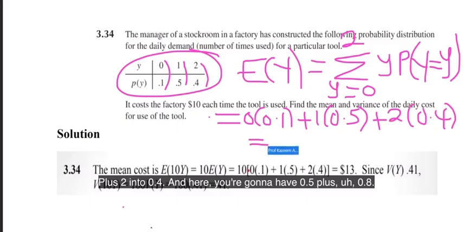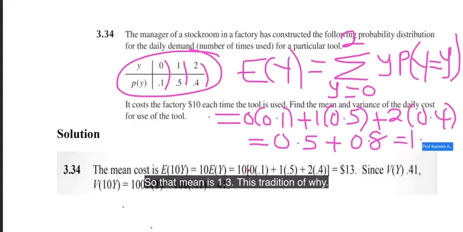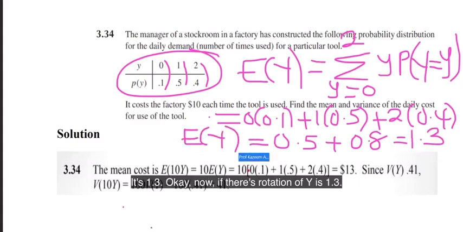Here you're going to have 0.5 plus 0.8. So the mean is 1.3. The expectation of y is 1.3.